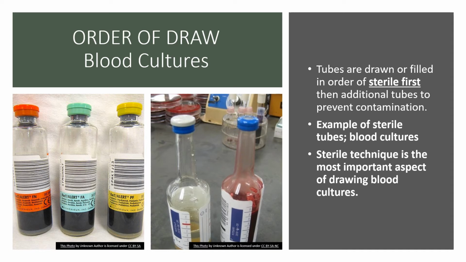Because the very first tube we want to draw is those blood cultures, because we want to make sure that the sterile technique is spot on. And so when you take a needle out and you move it from tube to tube, you're exposing it to more of the germs that are just flying around in the atmosphere in your air, right? So we want to draw these first, so that we have the best sterile technique possible.